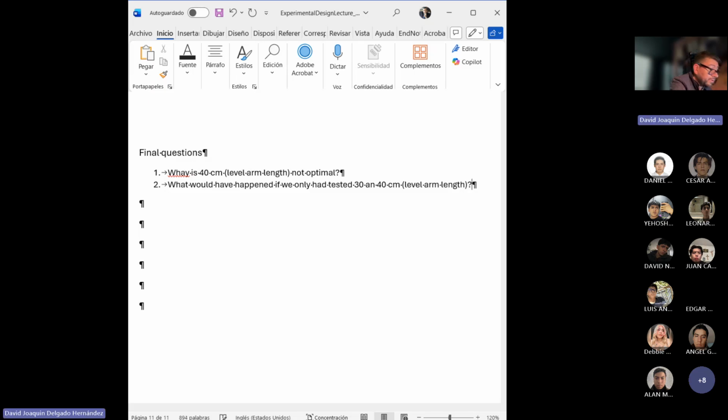What would have happened if I had only tested two values, 30 and 40? In this case, I tested 10, 20, 30, and 40, okay? But what would have happened if I had only tested two values, 30 and 40 centimeters?